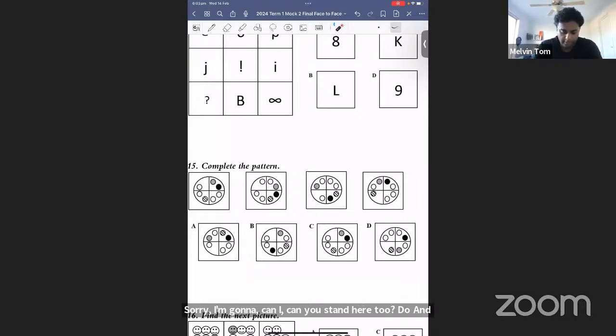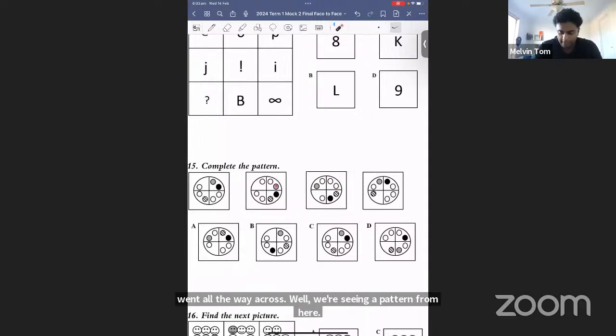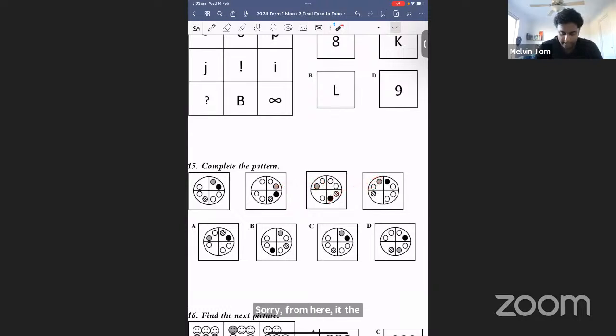Okay. So we have +1, and then it seems to have gone all the way here, and then went +1. Let's take a look at the black. Black went +1, +1, and it went all the way across. We're seeing a pattern. From here the gray skipped, and from here the black skipped. The striped went +1, +1, and it skipped.